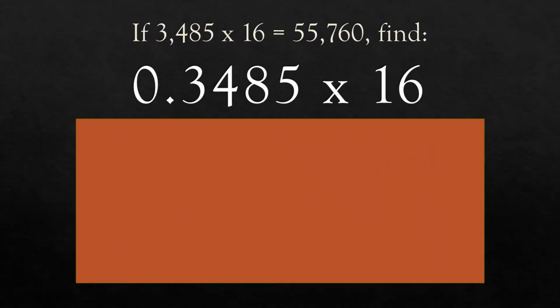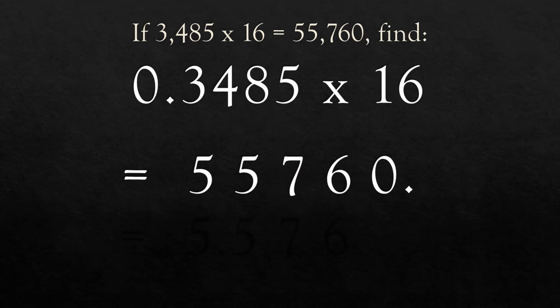Let us take one more example. If 3485 multiplied by 16 is equal to 55,760, find the product of question number D, 0.3485 multiplied by 16. In this question also, by ignoring the decimal point, the product remains the same, that is 55,760.